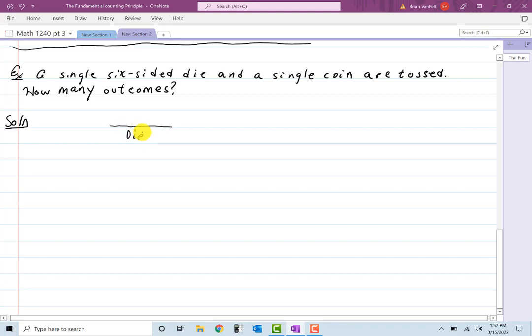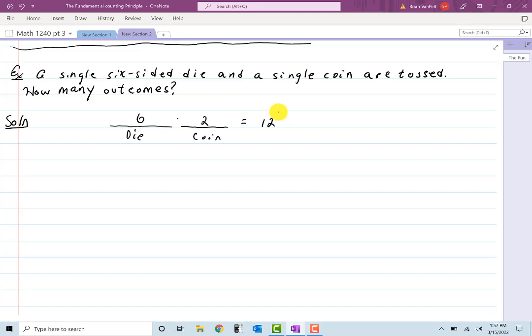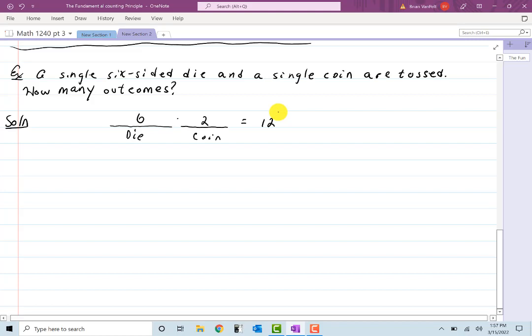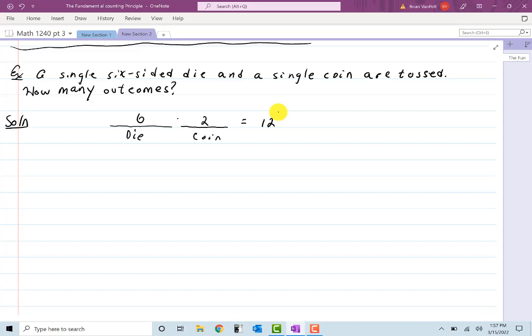I have 6 possible outcomes with that die. On the other hand, for the coin, I only have 2 possible outcomes. So together, 6 times 2 will give me 12. The independence part of it is important. Notice that no matter what the outcome on the die is, it does not influence the flipping of a coin, nor does the flipping of a coin influence the die. So the flipping of a coin and the rolling of a die are considered independent events.